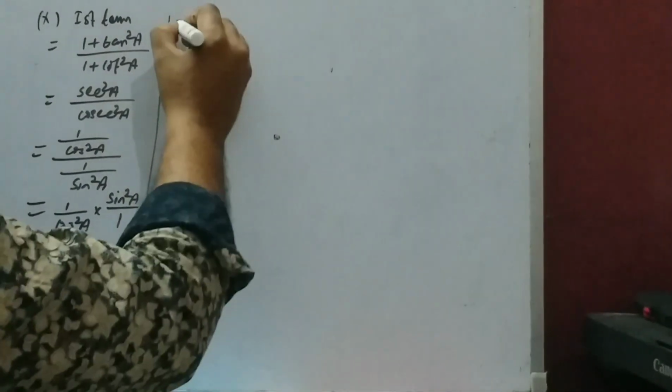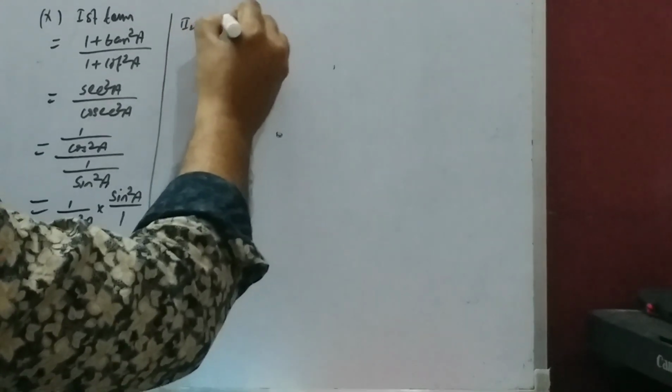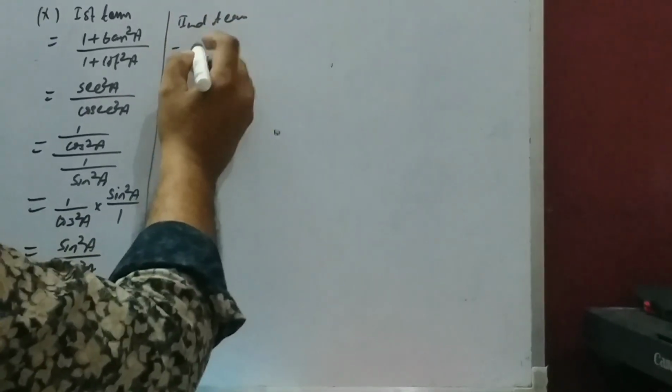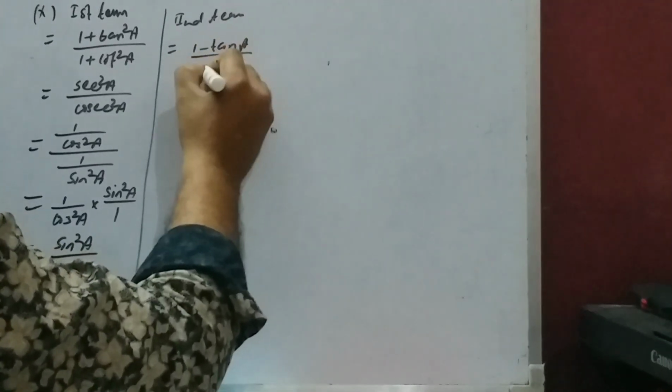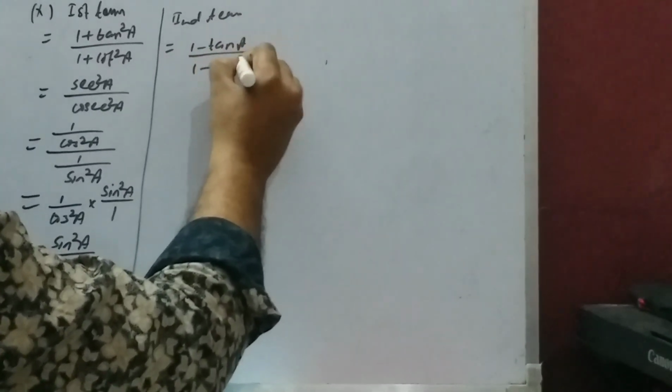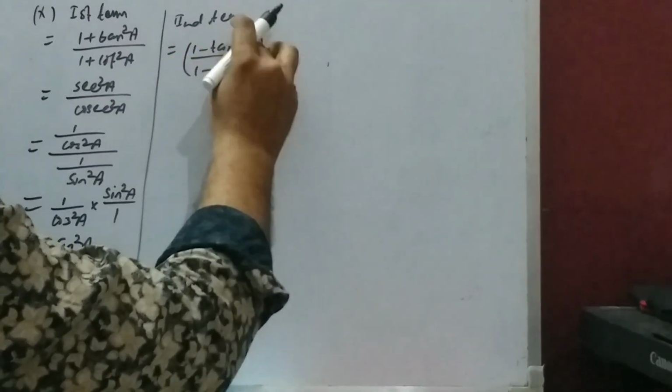And second term is equal to (1 minus tan A)(1 minus cot A), the whole square.